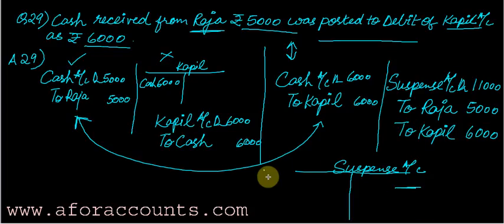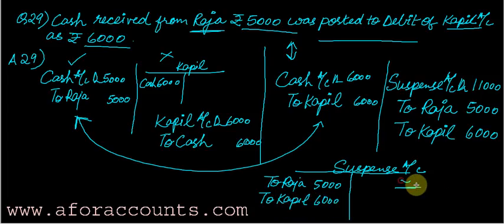Say it's here to Raja, post it here, suspense account debit to Raja 5,000, to Couple say 6,000, and whatever is the balance here given after passing 3-4 entries, whatever is given in the question, your account will tally.